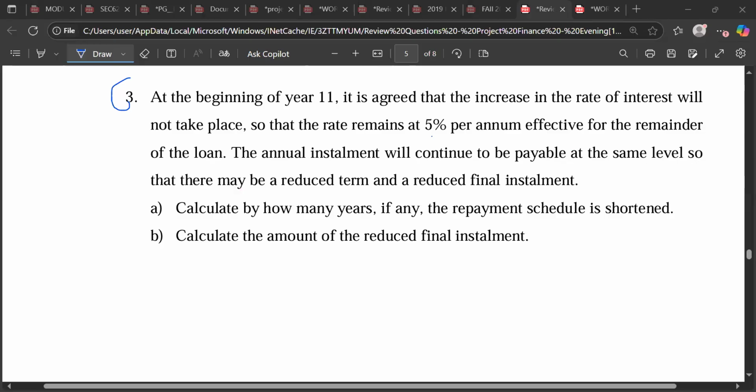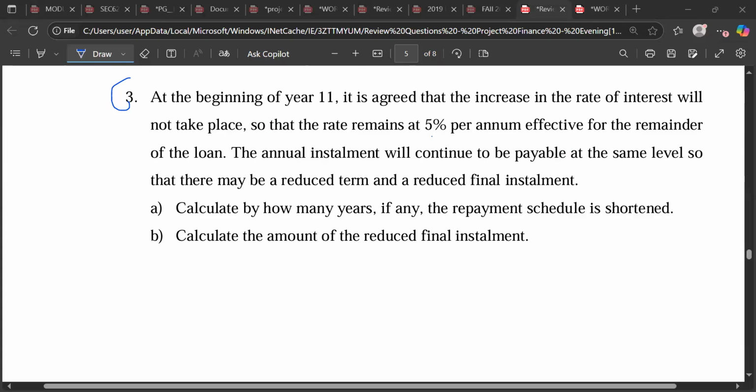Are we all clear so far? We cannot find this using manual methods. It's nearly impossible. It's either using Excel tables or a financial calculator. That's how you find such questions. So because of that, you don't actually solve it here. Are we clear?